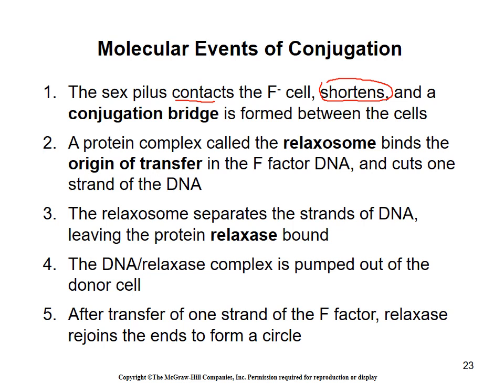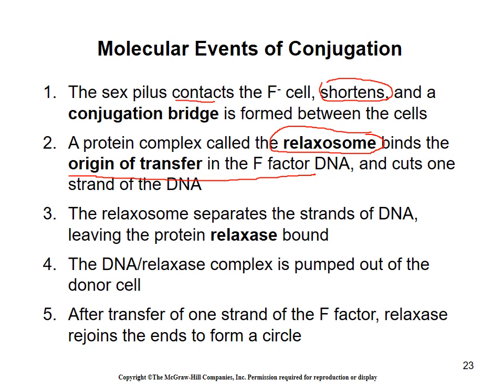The next step is that in our F positive cell, we're going to see that they have a protein complex called the relaxosome. The relaxosome is going to interact with the origin of transfer in the F factor, and it's going to cut off a single strand of DNA. We're not interested in transferring a double strand. We can just use a single strand of DNA because you can always replicate it back.